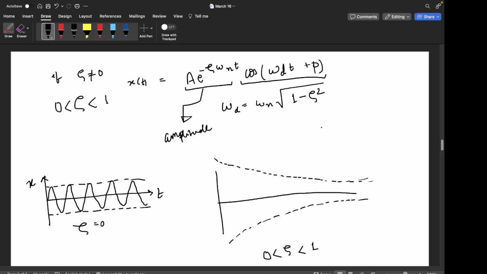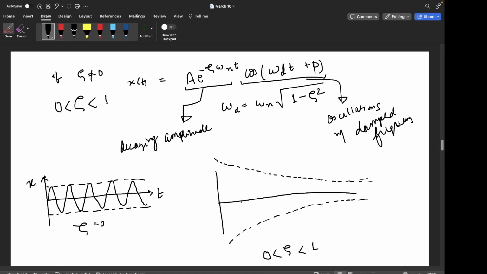And since there is still a sinusoid term, that means we have decaying amplitude and oscillations with damped frequency.